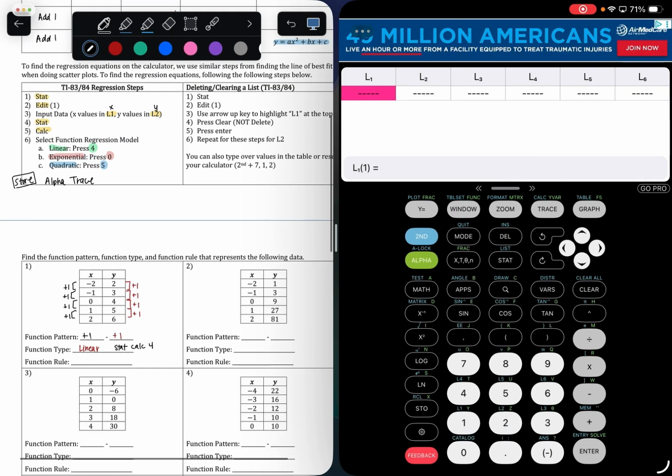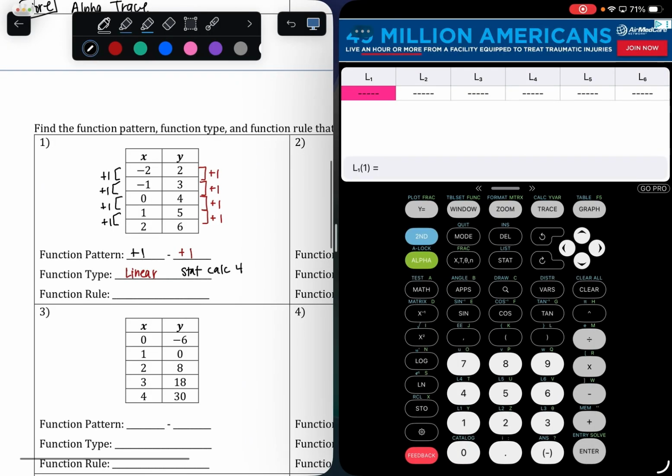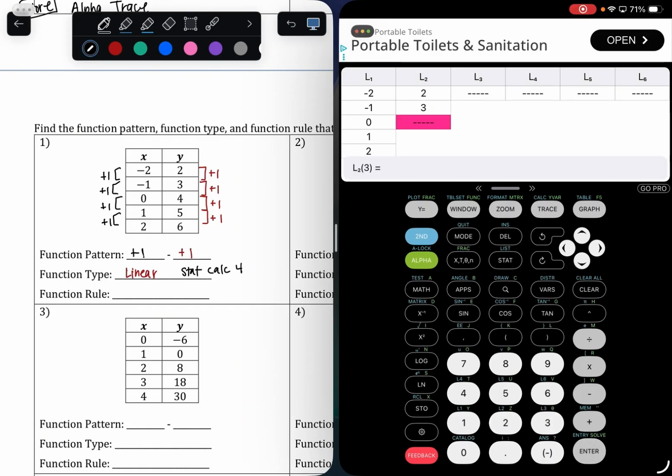My calculator, I don't have to press enter, but on yours you will. Okay, and so in L1, I'm going to type my x's, and then be careful and make sure you're using the negative and not the minus sign, and type your y's in L2.